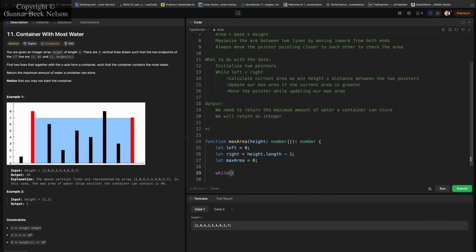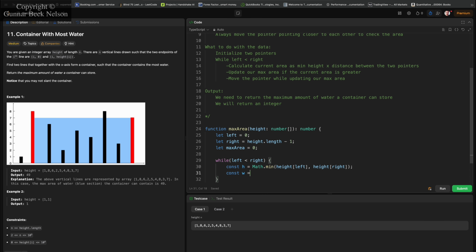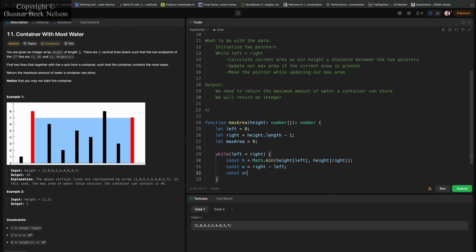And while left is less than right, we're going to initialize some constants here. Const height equals Math.min of height[left], height[right], const width equals right minus left, const area equals the base times the height.